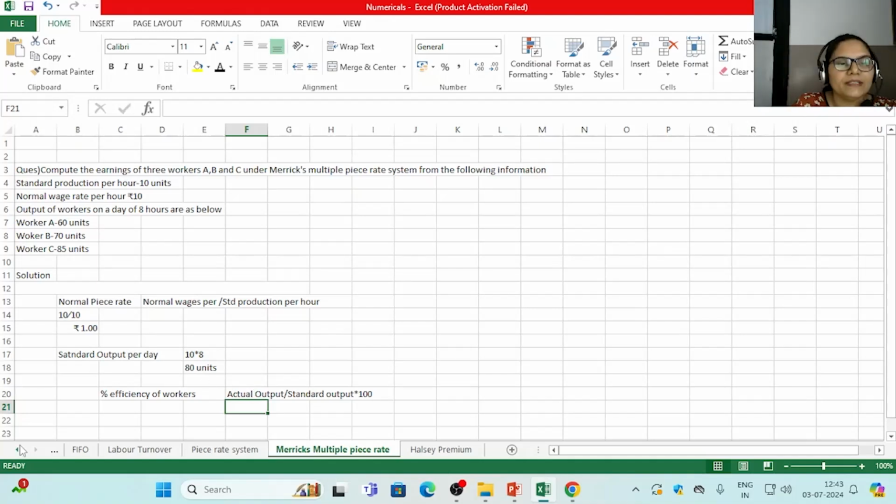And we will calculate this percentage of efficiency for the different workers A, B and C.